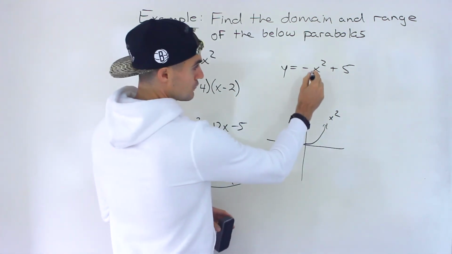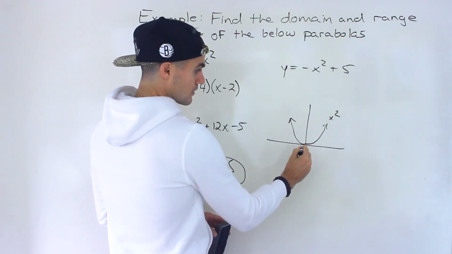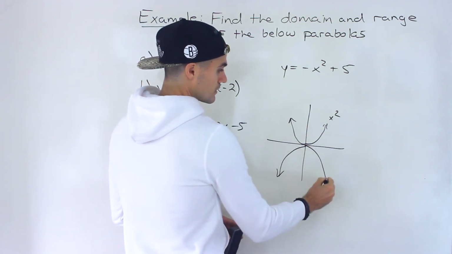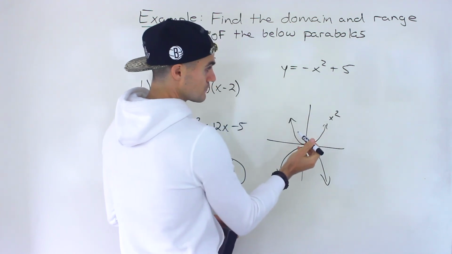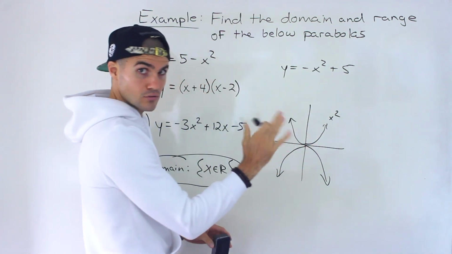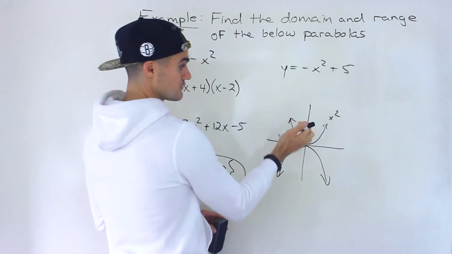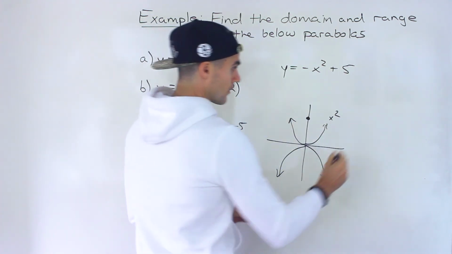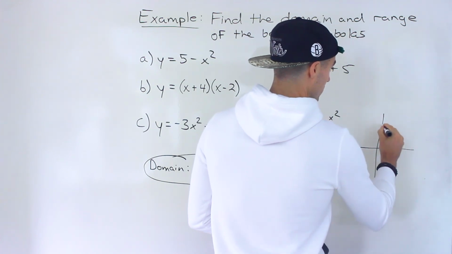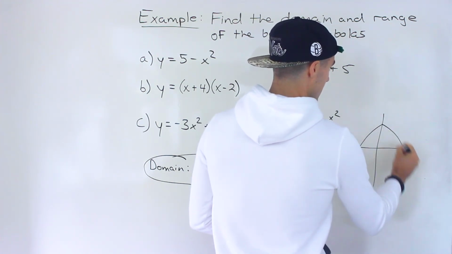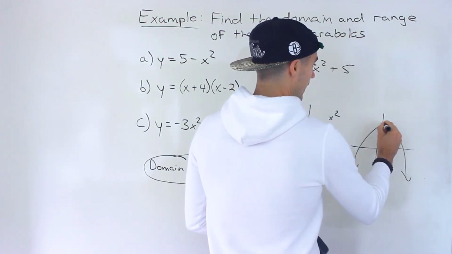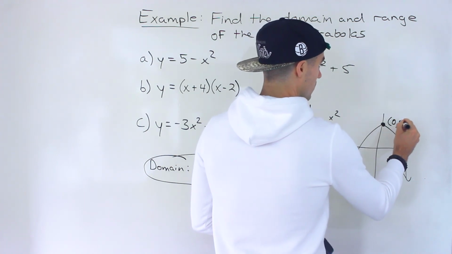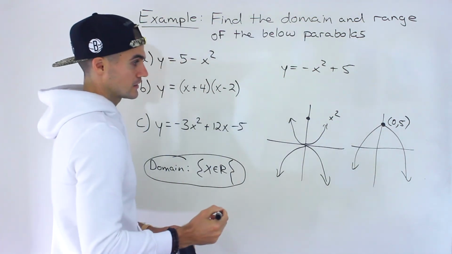So notice the negative in front flips it over the x-axis, so it would look like this. And then the plus 5, that's the c value, the transformation that shifts it up. And so you'd end up with a parabola, let me draw a new one here, that basically opens down, and the vertex is going to be at (0, 5).